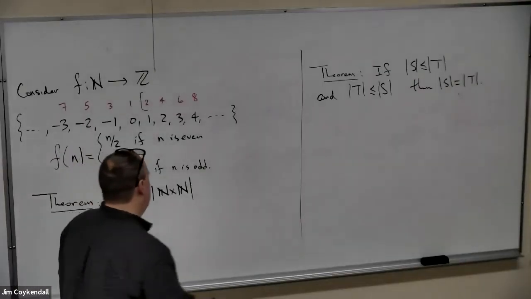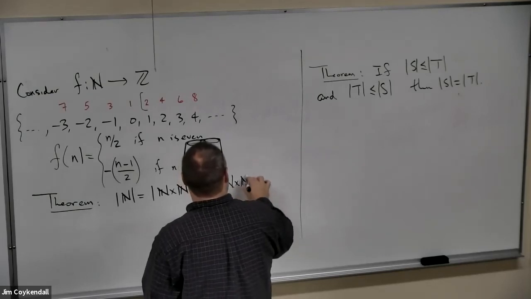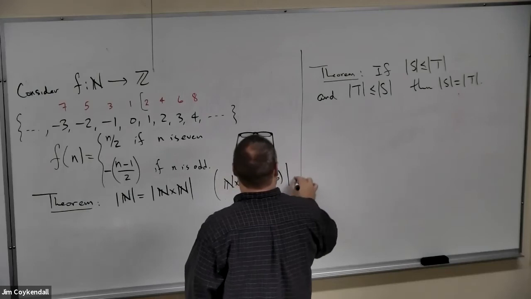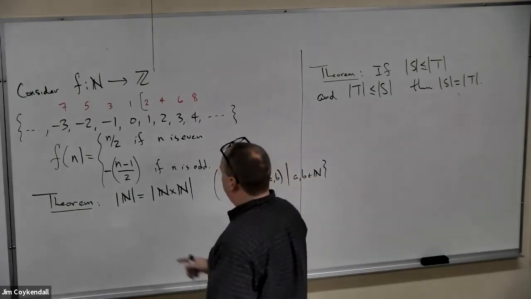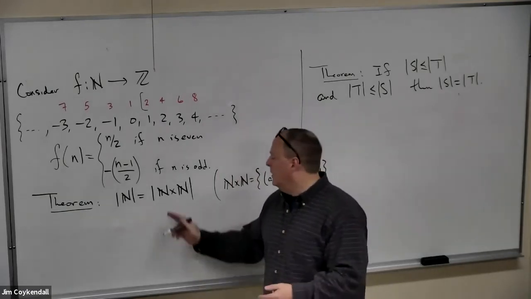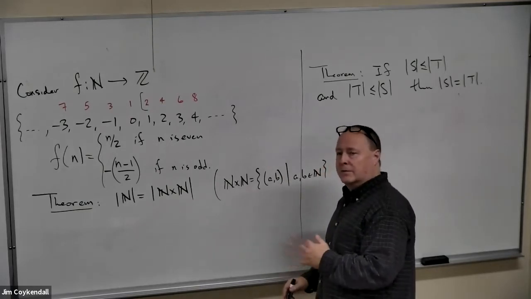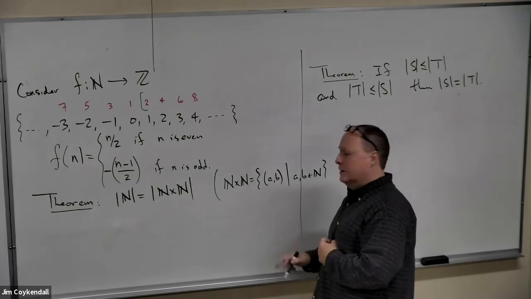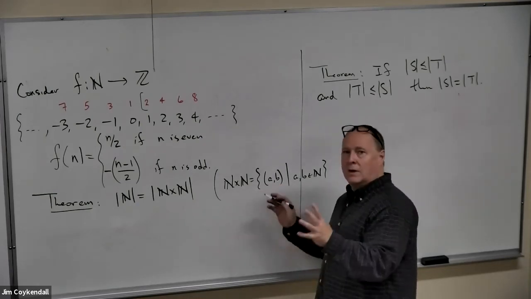Let me remind you that when I say n cross n, I mean all ordered pairs A, B, where A and B are natural numbers, right? So n is just natural numbers in the raw, so to speak. This is any possible ordered pair of natural numbers. 2, 3 is in there, 1, 7, 8, 6, 7, 5, 3, 0, 9, 201, all kinds of great stuff.